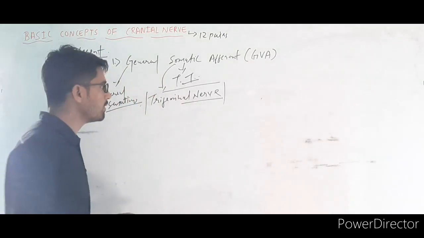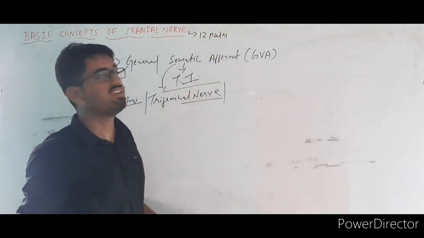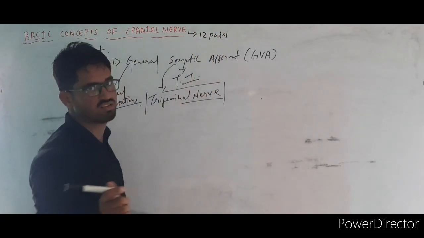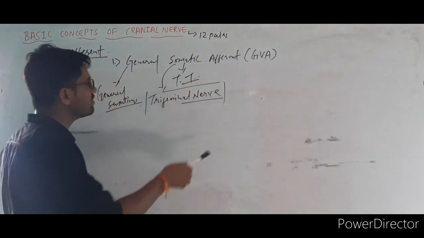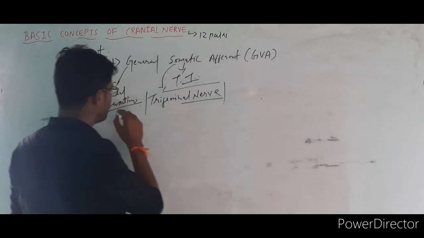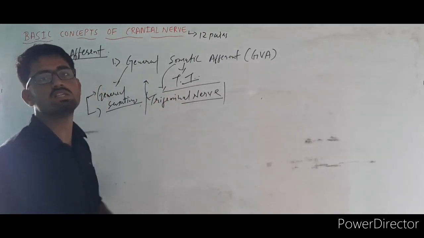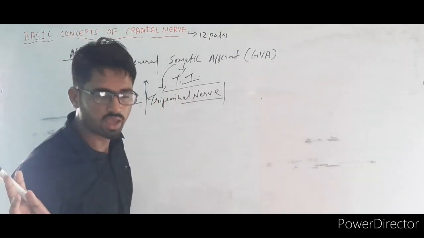So whenever we talk about the trigeminal nerve, I will tell you it has general somatic afferent fibers. Why? Because it is responsible for the general sensation, and general sensation is carried by the trigeminal nerve only. On that time you should not have any doubt.